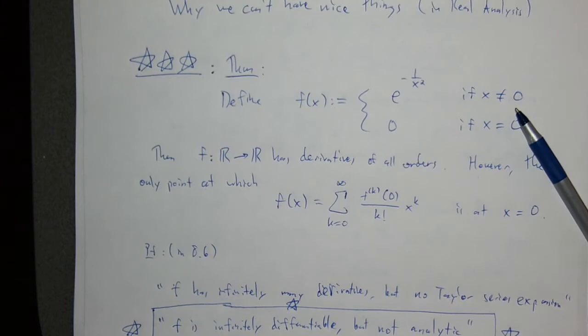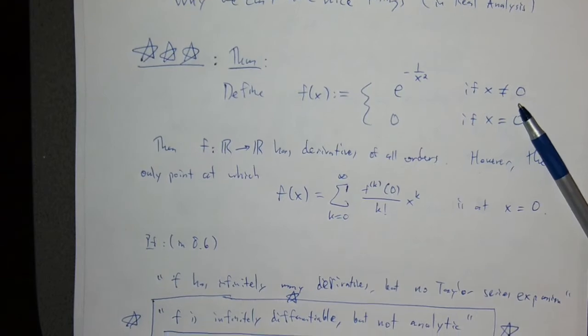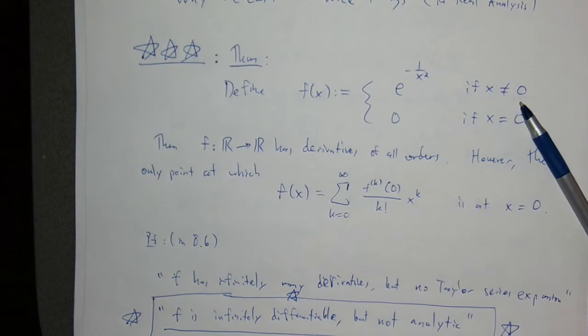Now, one more thing that I wanted to mention. At the very end of chapter 8, the last section is the Weierstrass approximation theorem, which is definitely interesting. I'm just going to mention it right now. I'm not even going to write it down. What does the Weierstrass approximation theorem say?